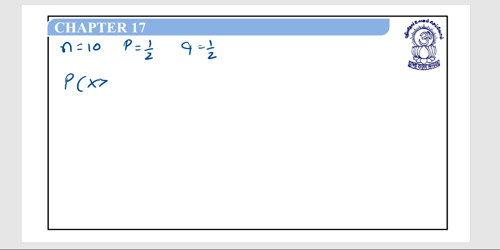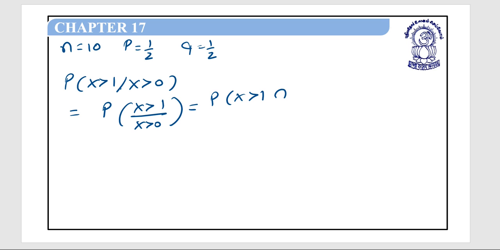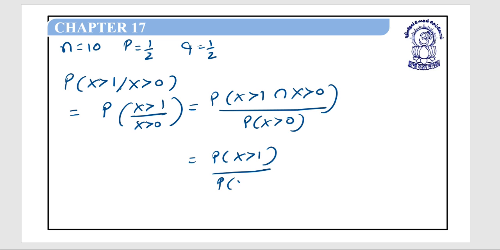So probability of x greater than 1 divided by x greater than 0 is equal to probability of x greater than 1 intersect x greater than 0 upon probability of x greater than 0.